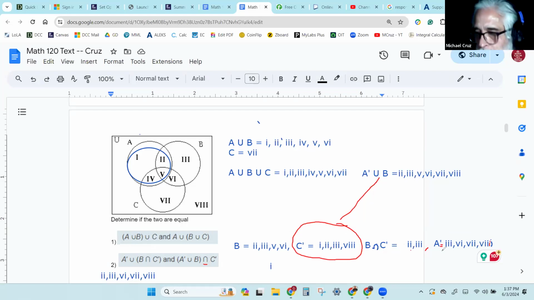And then we union that with A complement. 8. So on these, maybe it's right. So it's intersection.